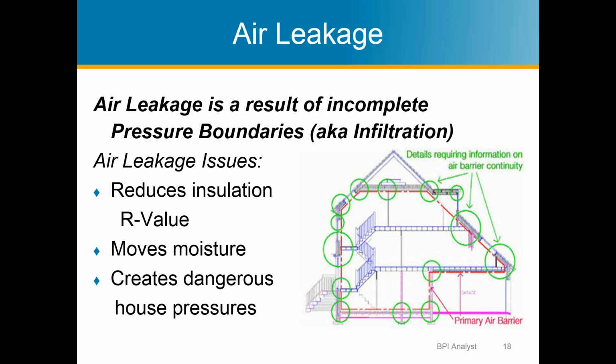And then air leaks can also create dangerous house pressures. When we talk about CAS testing, a lot of CAS testing has to do with pressures inside the house. If there's a small laundry room with an exhaust fan and a dryer running, and let's say there's a water heater in that room too, the air leaks, which here are mechanical, it's still the same thing, it's the dryer and the vent in that room, those air leaks can cause the water heater to backdraft, which would be the dangerous situation.